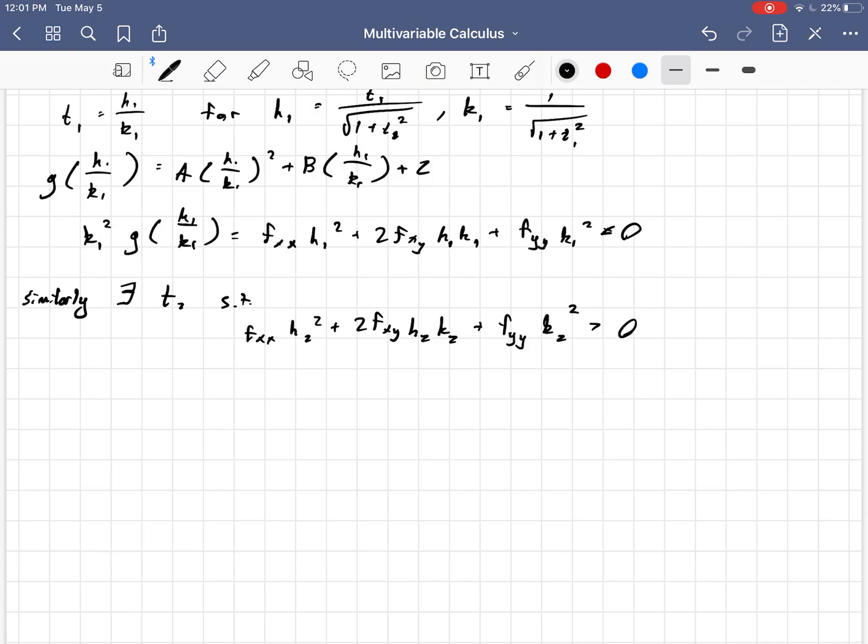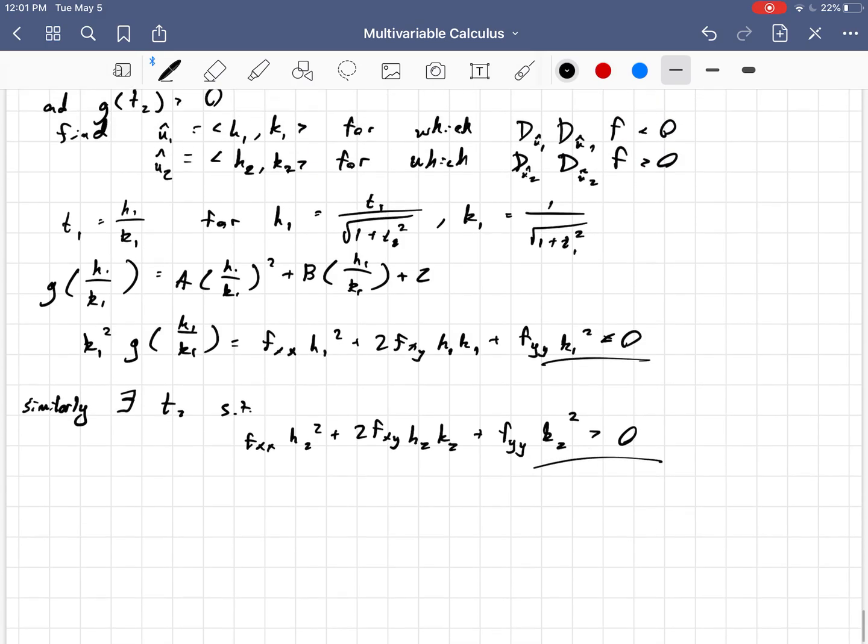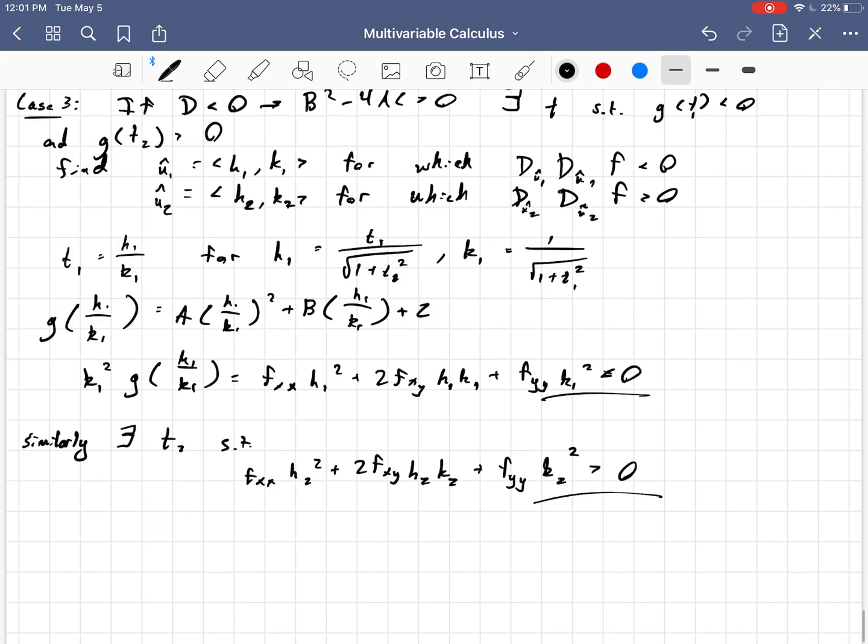And so this implies that the directional derivative of f could be either less than 0 or greater than 0. And so that implies that depending upon which direction we approach, we get positive or negative concavity. And so that means that we have a saddle point.